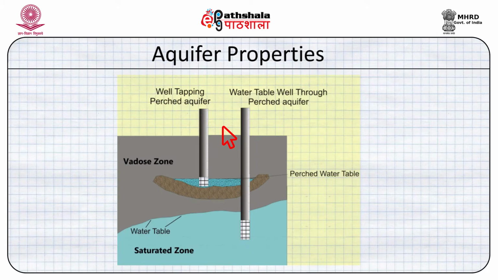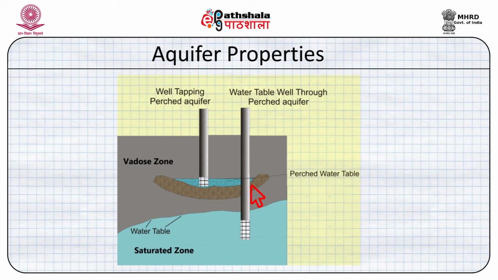Figure 5 is a schematic drawing of a perched aquifer. Look at it. You have a vadose zone and a saturated zone separated by water table. In the vadose zone, you can see a crescent shaped clay body.